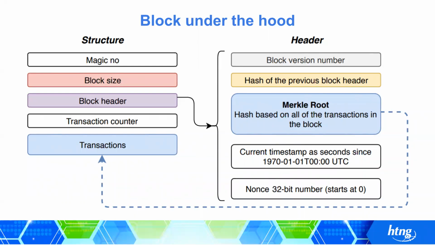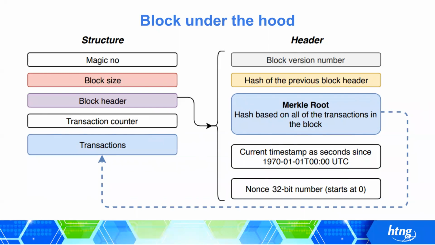And after that, on the second slide, we can see block size, block header, transaction counter, and transactions list. The block header consists of the block version number, hash of the previous block header, and this interesting thing, the Merkle root.